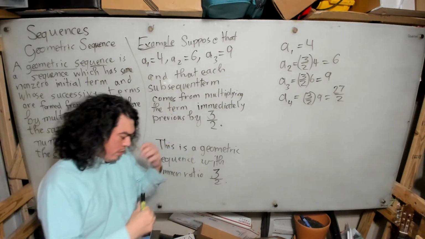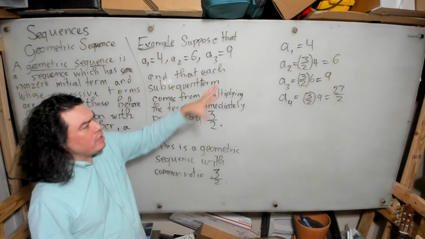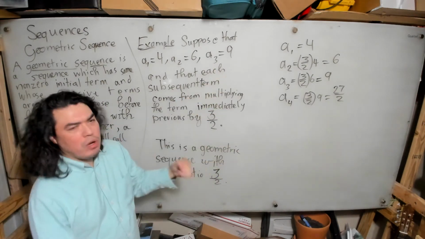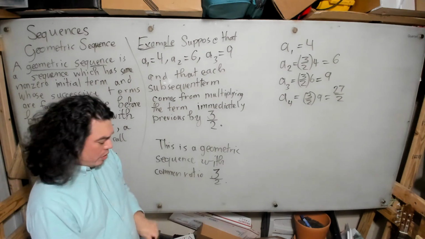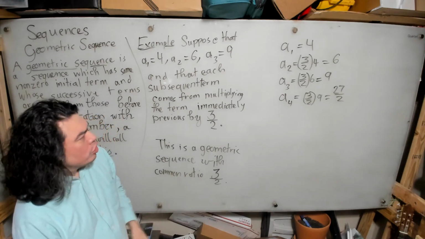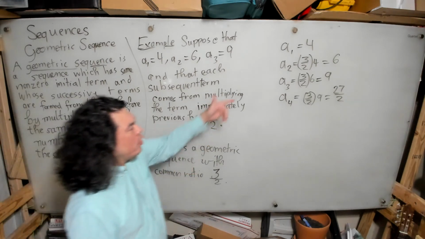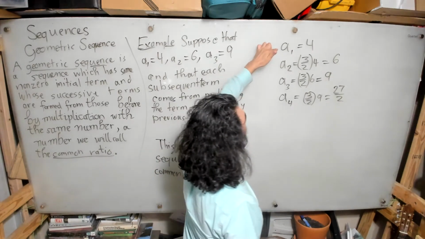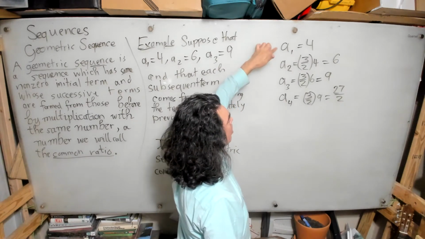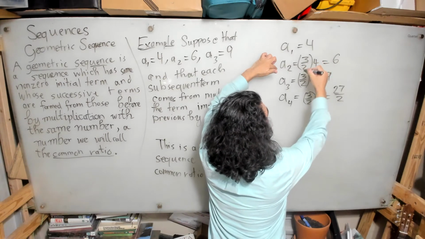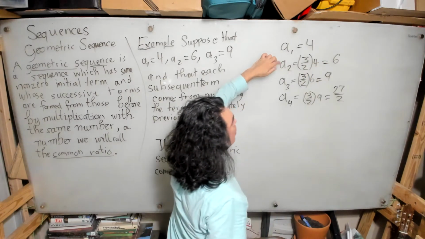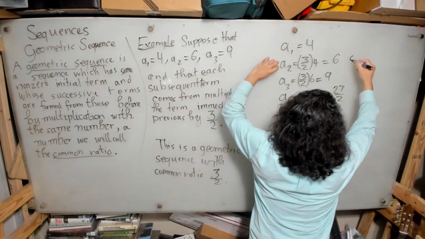Now what I want to do is look at this list of values through a different lens. Look at A1 to A2: I got A2 from multiplying 3 halves times 4. Can I rewrite that differently? Yes.